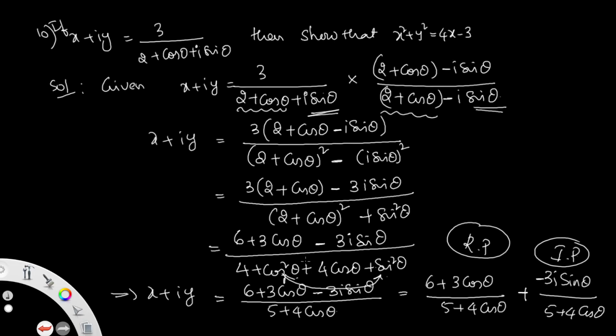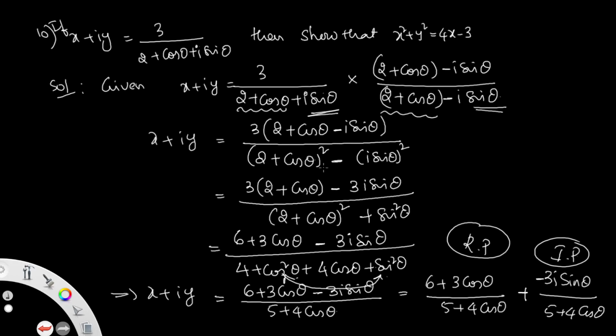Okay, first we took x plus iy equals 3 by (2 plus cos theta plus i sin theta), where 2 plus cos theta is the real part and sin theta the imaginary part. Multiply and divide by 2 plus cos theta minus i sin theta. The denominator is in the form a plus b into a minus b, a square minus b square.